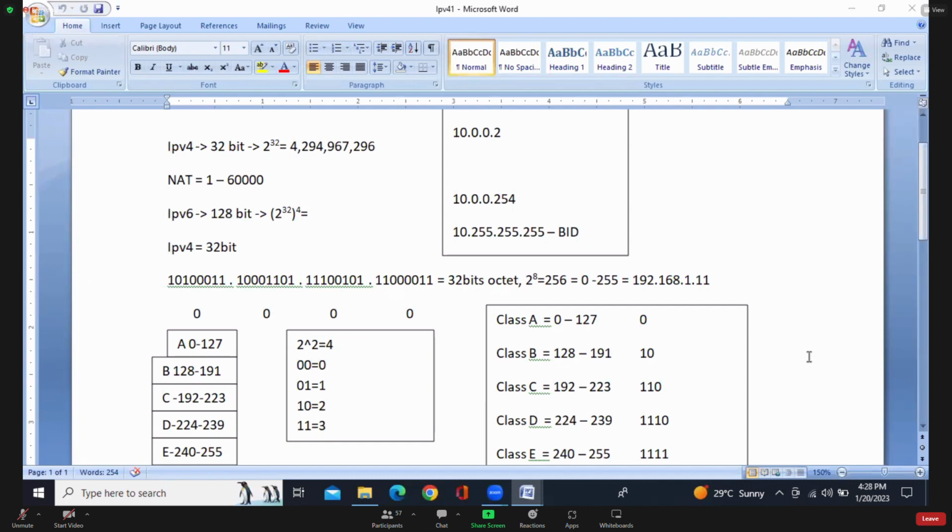Apart from Avinash sir's class, apart from my class, I'm reminding people, you need to focus. Avinash sir's class people also know very well about IP addresses.